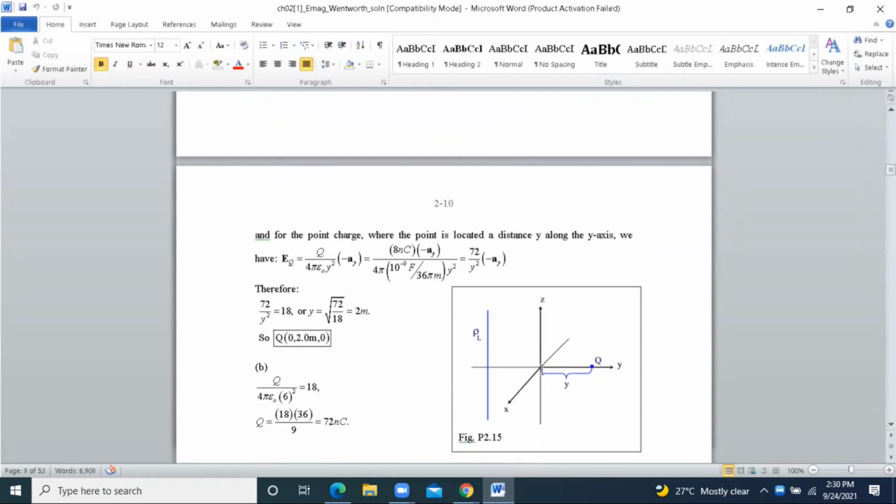So E due to the line is given above. E due to Q is this expression, right?